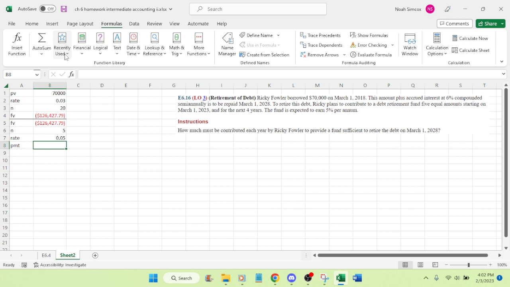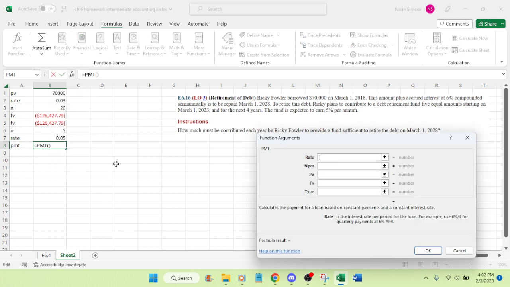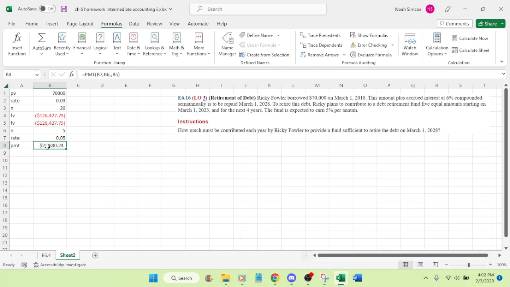Hey. So, if you pay $22,000 5 times with 5% interest, then you will end up with $126,000. It's a 5.